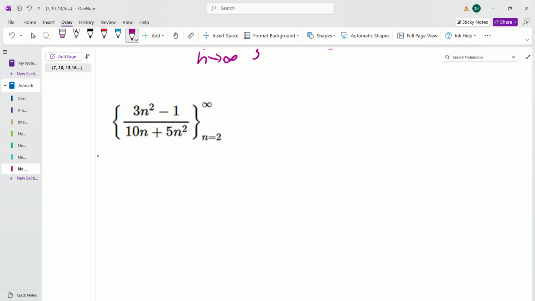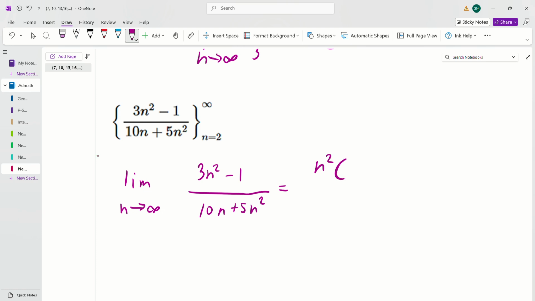So we have the limit as n approaches infinity of 3n squared minus 1 over 10n plus 5 over n squared. What we can do here is factor out n squared in both numerator and denominator.